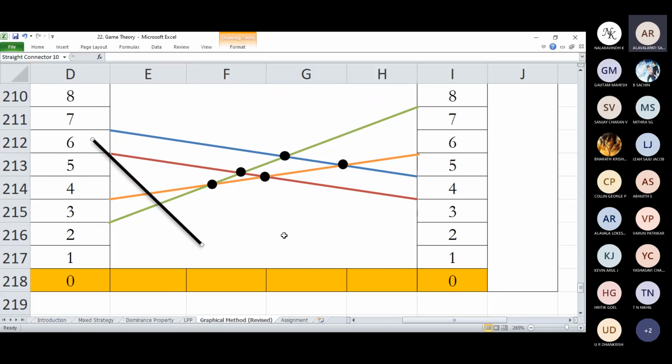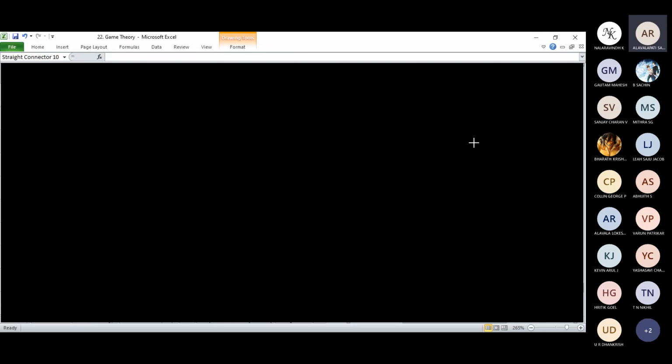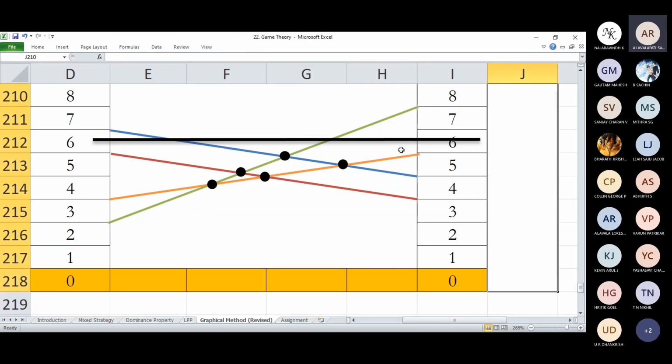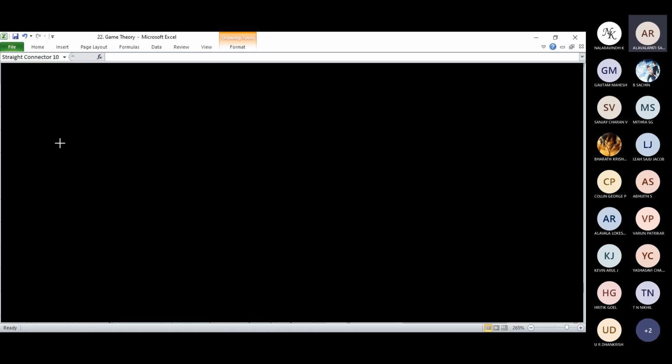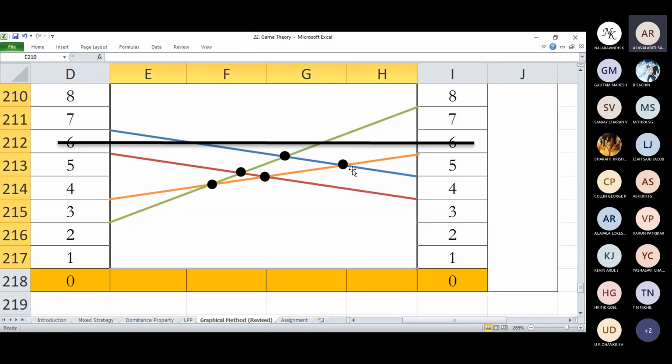Say black. Yeah, here, that's some perfect line. Okay, so yeah, it's perfect.